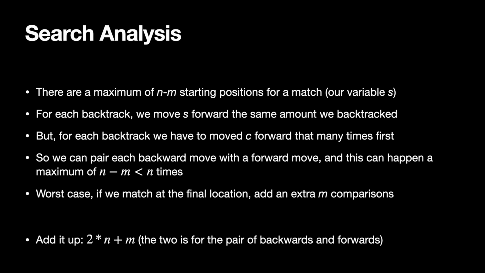So we can pair each backwards move of c with a forwards move for s, and this can happen a maximum of n-m times, which is bounded by n. So we know that we're going to have these pairs occurring a maximum of n times, and so if we count up the number of total comparisons, we get 2 times n.